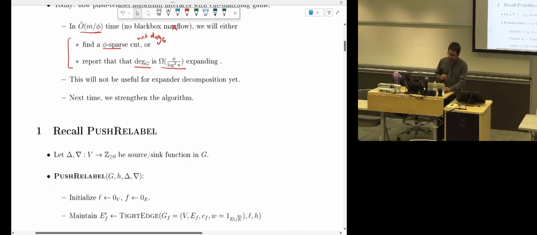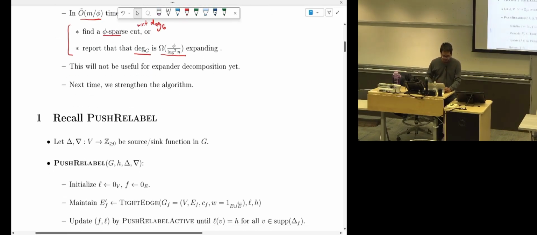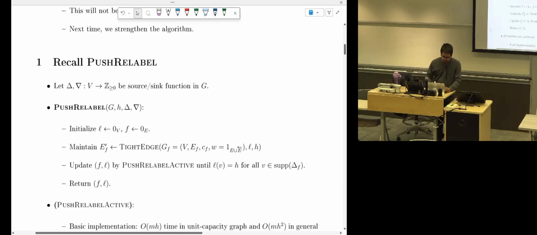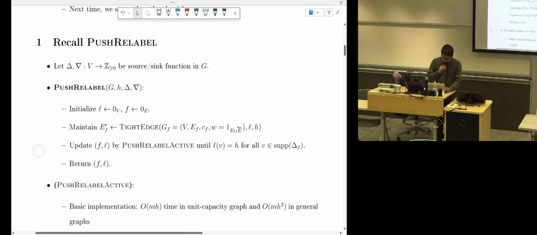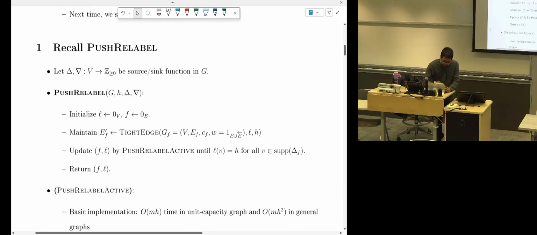So we will use push relabel, and let me just recall this. The setting is that we have a source and sink function in the graph.